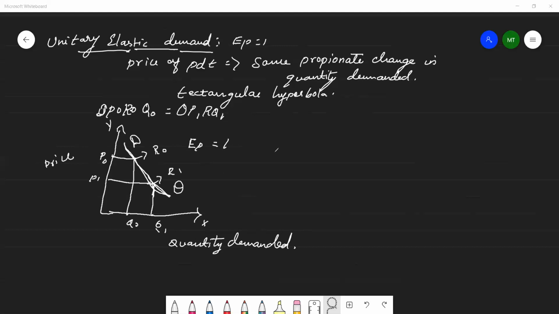So yeah, okay. So அப்போ நமக்கு இது வந்துரும் P0 R0 Q0, then OP1 R1 Q1. Okay, that's all.